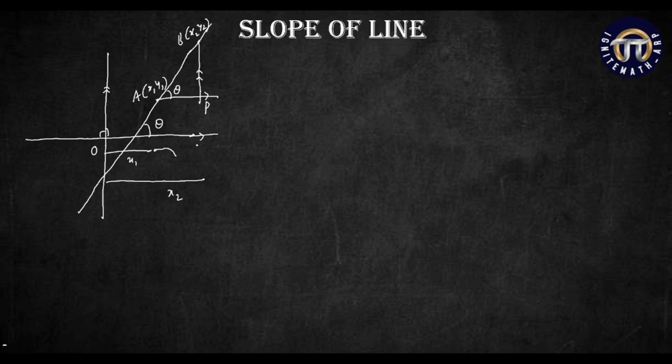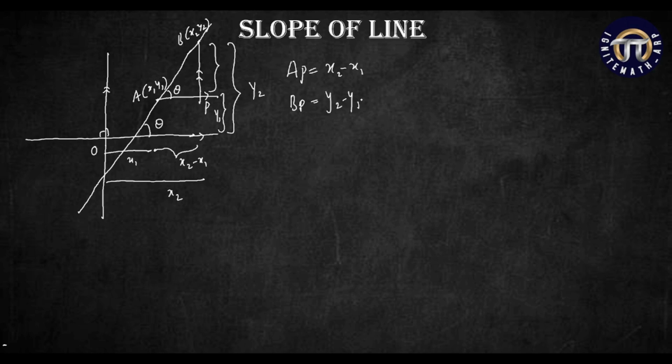So the length of AP is going to be x2 minus x1. So I can write AP is equal to x2 minus x1. Similarly from here to here it is y2, from here to here it is y1. If I want to find out the length of BP, it is going to be y2 minus y1.